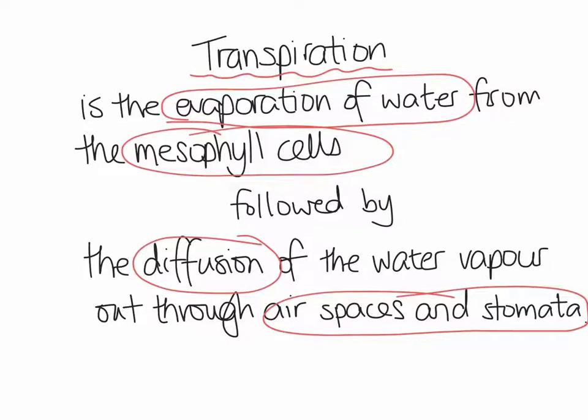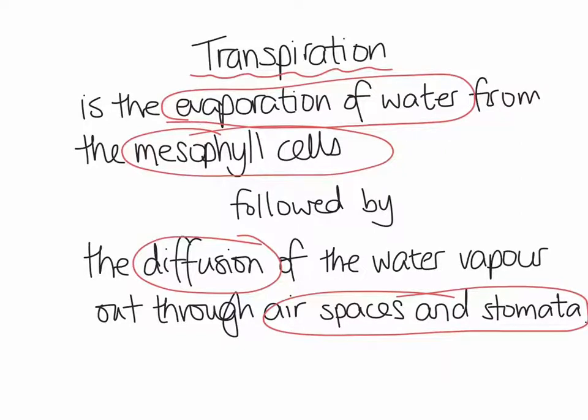So that's how water is lost from the plant through those little pores called stomata. Now, stomata, as we said, they're small pores. They're found on the lower surface mainly of the leaf. And the two cells that are either side of the stomata are called guard cells.